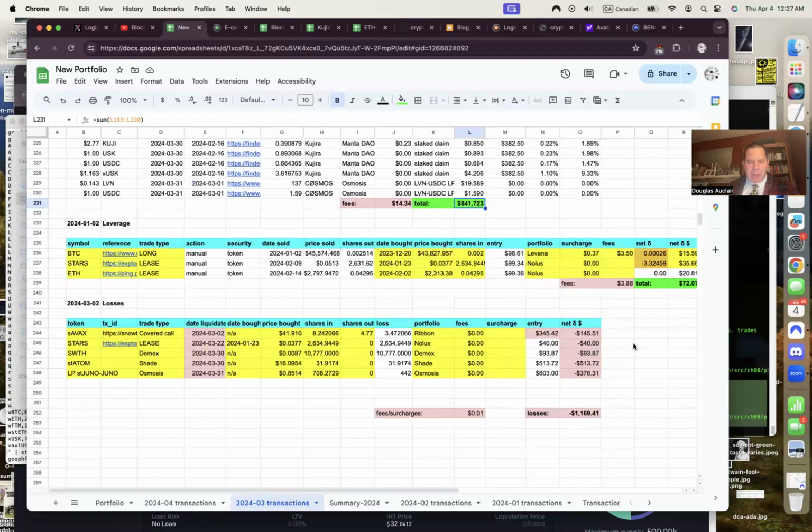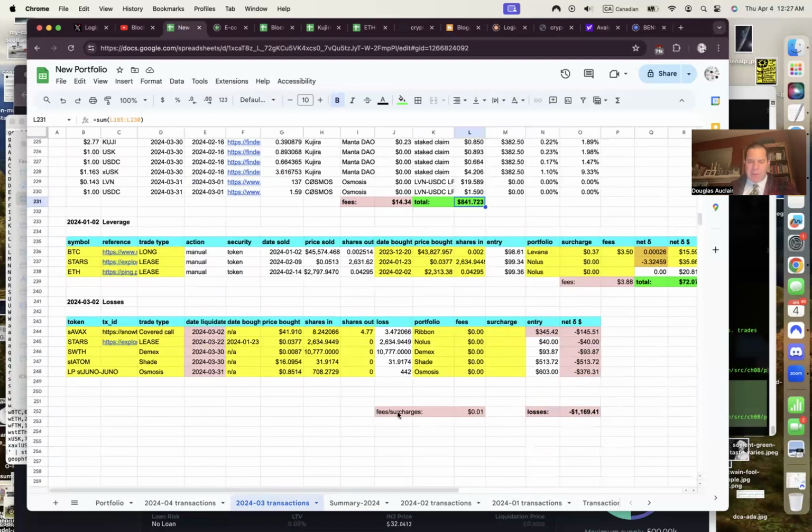Okay, no big deal. And then I have some losses to record of approximately $1,000 for that month. Let's make sure I don't mess this up. This goes to row 248. This goes to row 248.